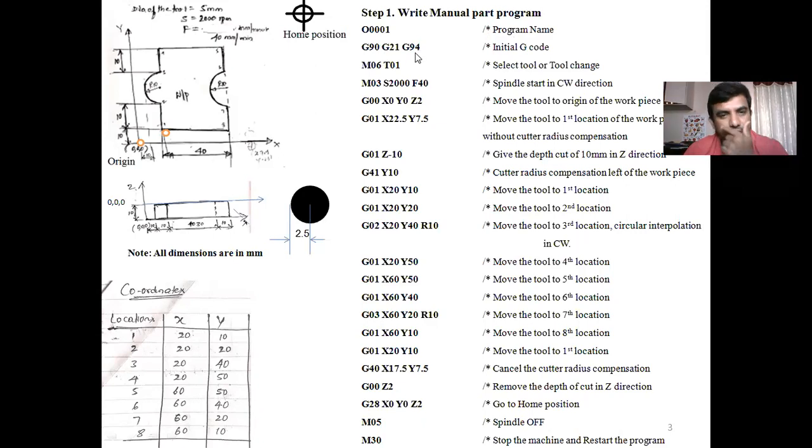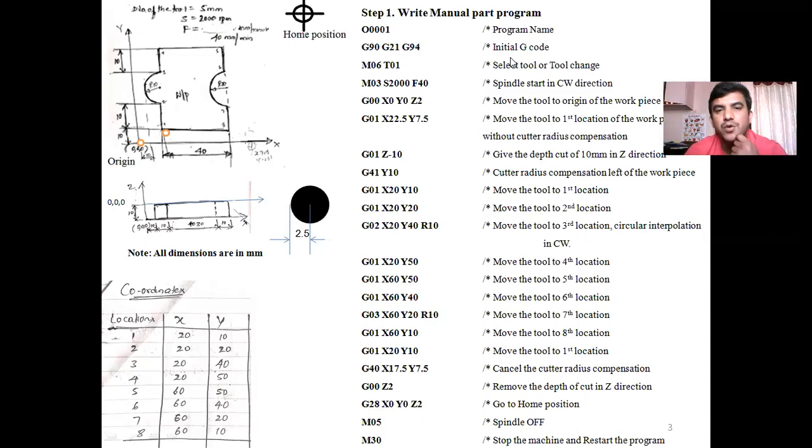What do they stand for? G90 means all the input values are given with respect to the origin. G21 means all dimensions and coordinates given here are in millimeter. G94 means the feed rate is in millimeter per minute.